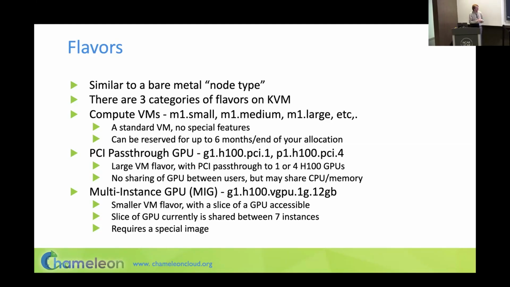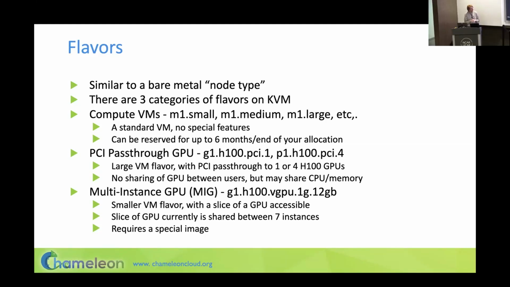You're getting 1/28th, I believe, of the node. That means there's more availability for this flavor, but you get a much less powerful VM. And here, instead of PCI pass-through to the GPU, you're sharing that GPU with 7 instances total.